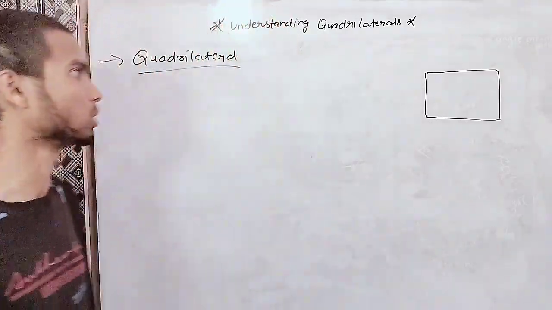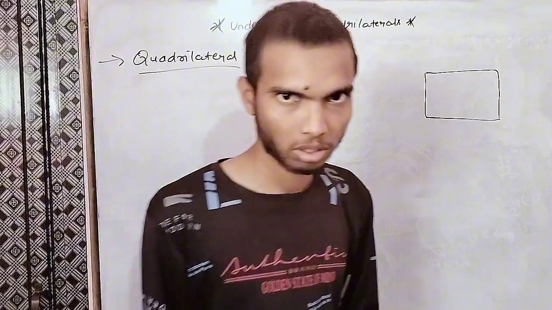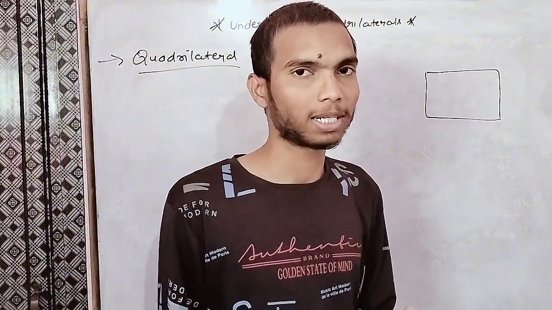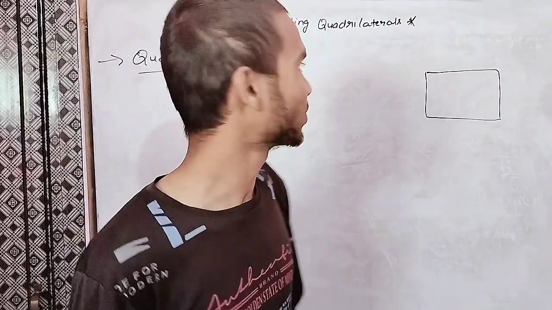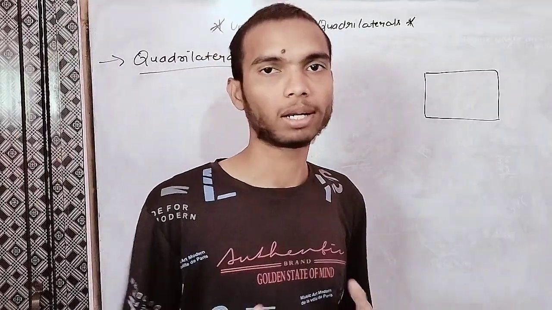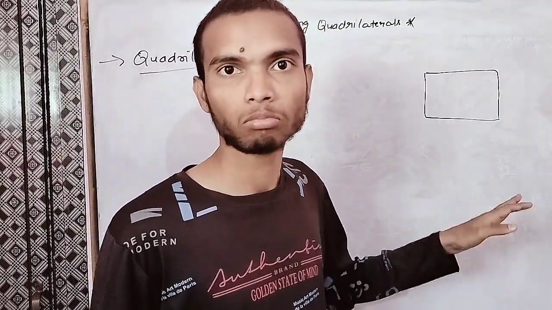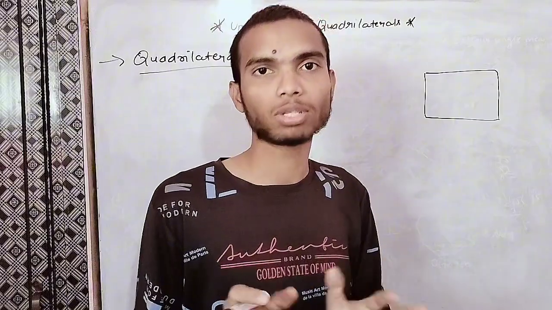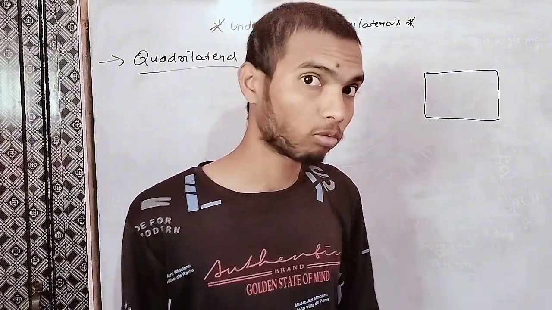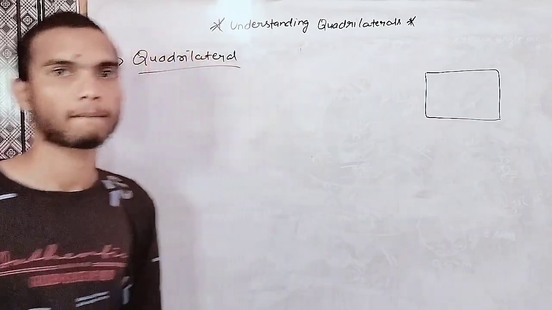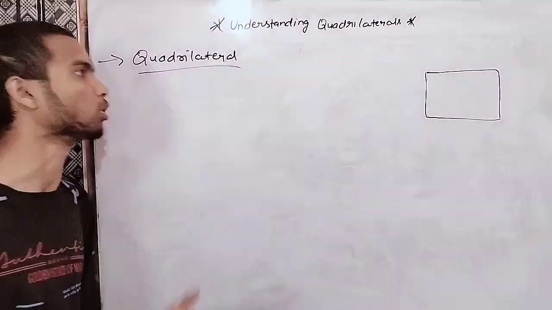So these are some points to mention about the quadrilateral shape. To make a quadrilateral diagram, we will have four sides, four line segments, four angles, four vertices.